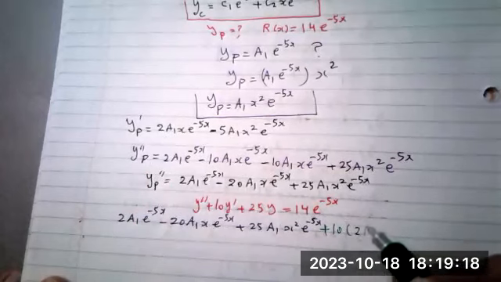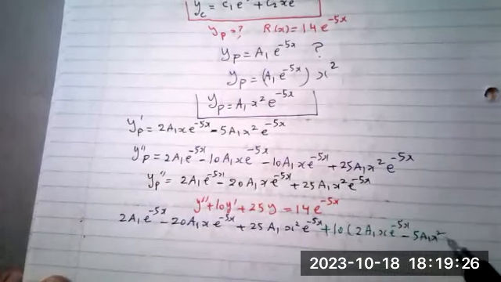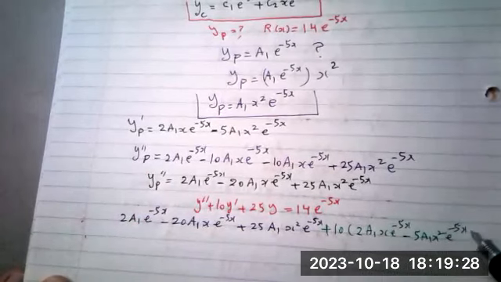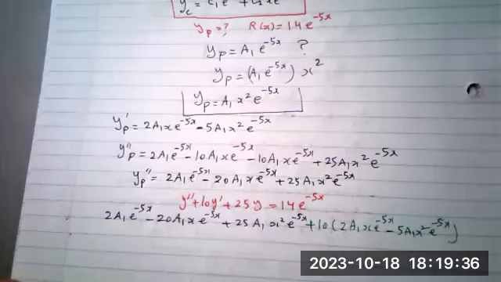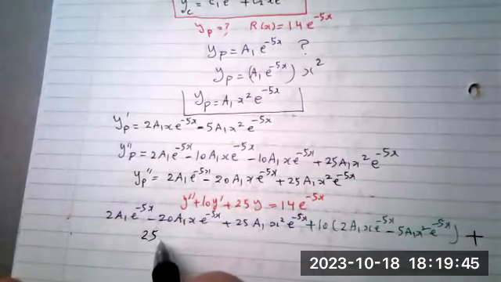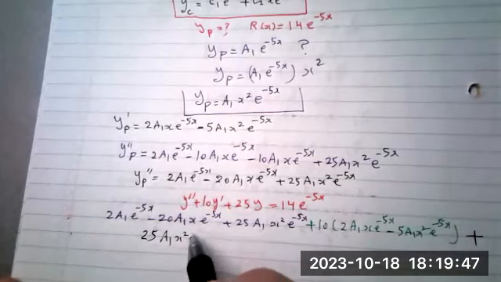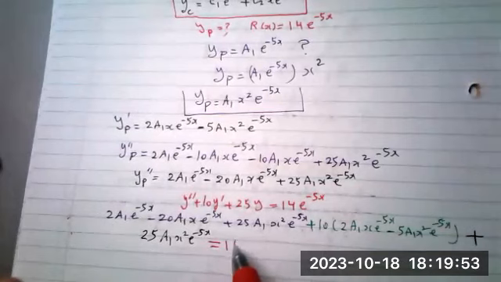So it's going to be 2a1 x e to the negative 5x minus 5 a1 x squared e to the negative 5x, times 10. Then plus 25y, which is 25 a1 x squared e to the negative 5x. All of them equal to 14 e to the negative 5x. That's it.